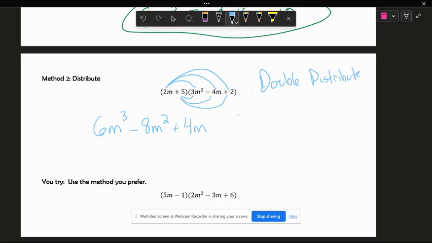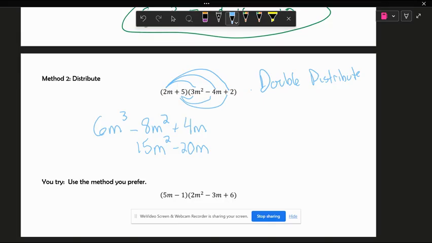Now we do the same thing with 5 times all three of those things. And I'm going to kind of move over a spot so we can have the like terms add up together. So 5 times 3m squared, well, it's still an m squared, because 5 doesn't have a variable, and 5 times 3 is 15. 5 times negative 4m, we still have an m. 5 times negative 4 is a negative 20.